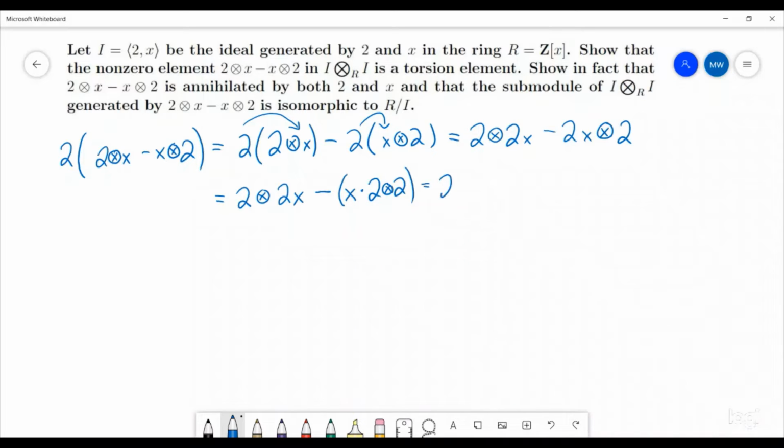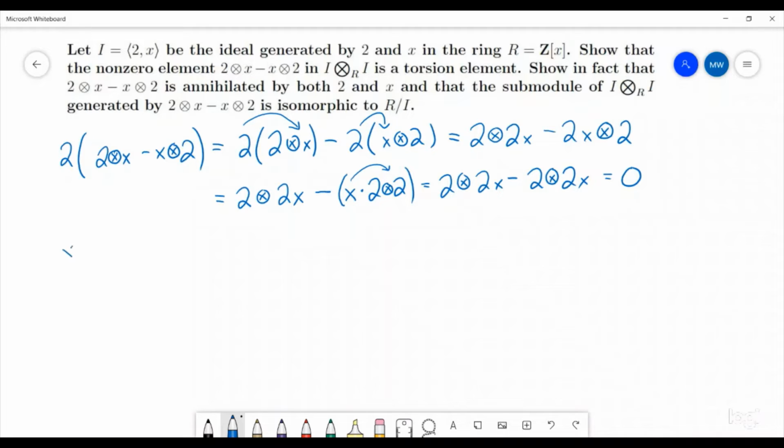So this is 2 tensor 2x minus, and now this x can move. So that's going to be equal to 2 tensor 2x minus 2 tensor 2x, which goes to 0. So there we go. We have first successfully shown that this is annihilated by 2, and second, that 2 tensor x minus x tensor 2 is a torsion element.